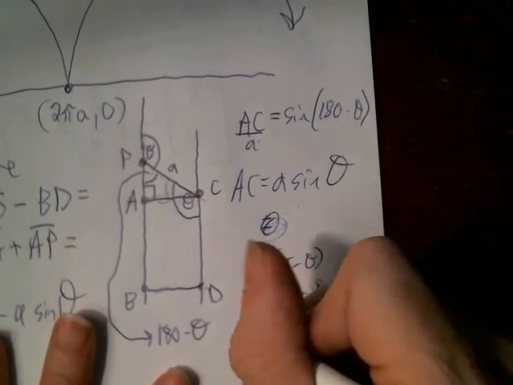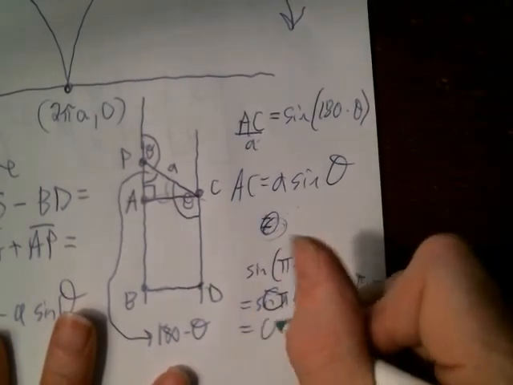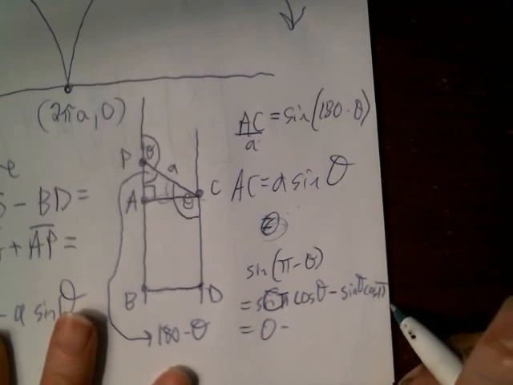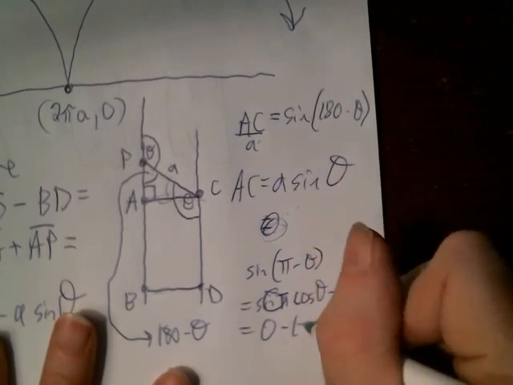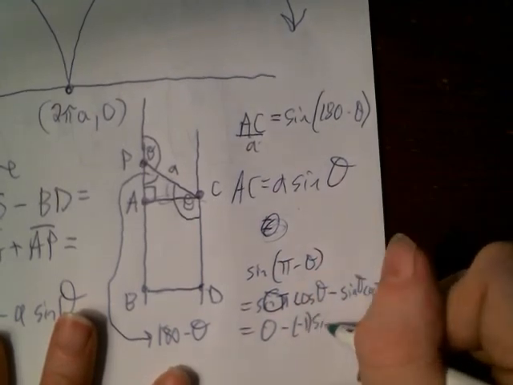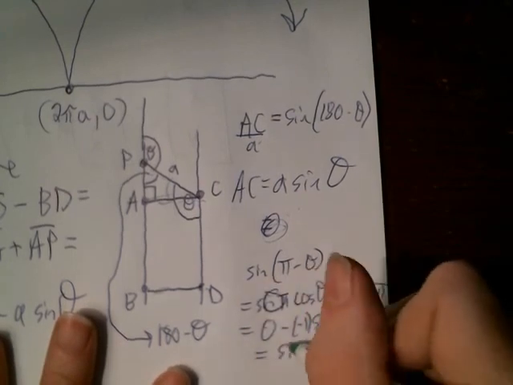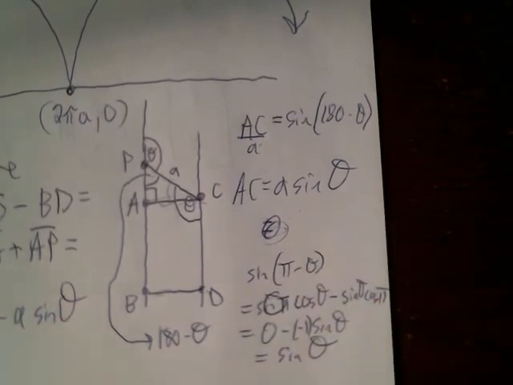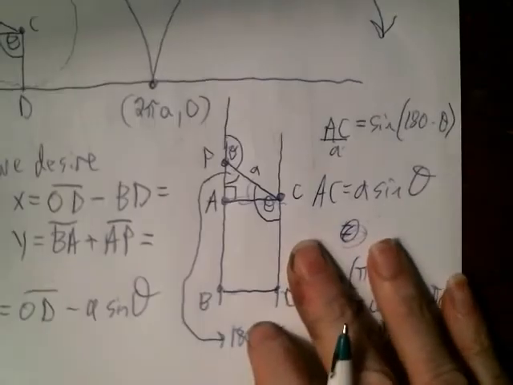Sine of pi is 0, and cosine of pi is -1, so you have 0 minus -1 times sine of theta, and of course that's equal to sine of theta. Okay? So that's why that's true.